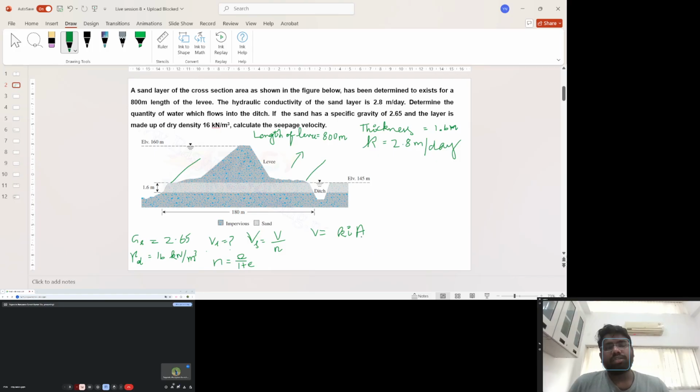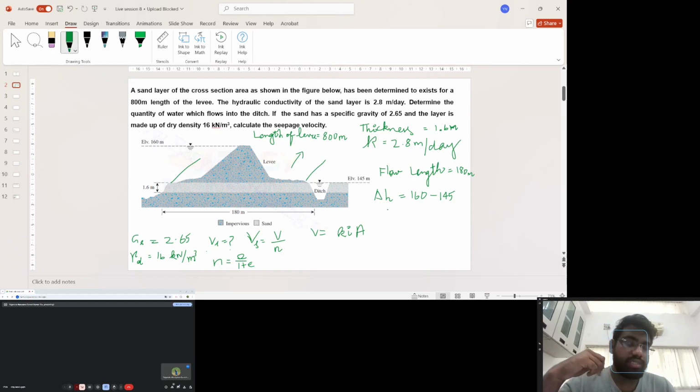Now we need to calculate the cross-sectional area through which the flow is occurring and the hydraulic gradient across the flow path. The flow length is 180 meters, and the head loss delta H is 160 minus 145 meters, because head loss is the head difference between the upstream and downstream ends.